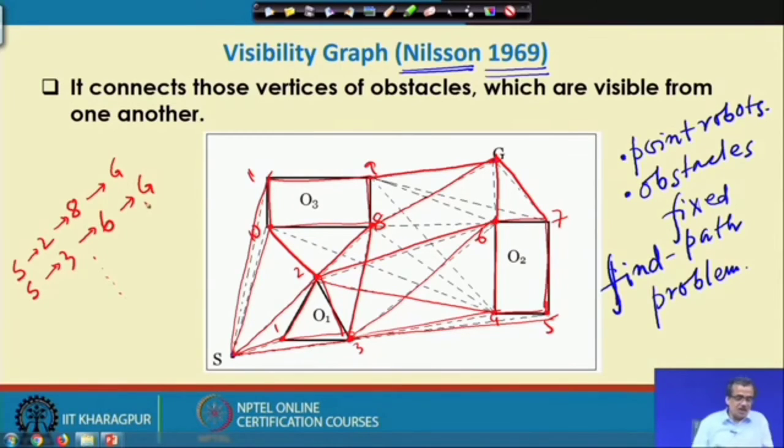He could give all such feasible paths, and then he concluded that starting from S to reach this particular goal, there are many such feasible collision free paths, and out of all the feasible paths, the robot will have to choose one. This is actually the principle of the visibility graph.